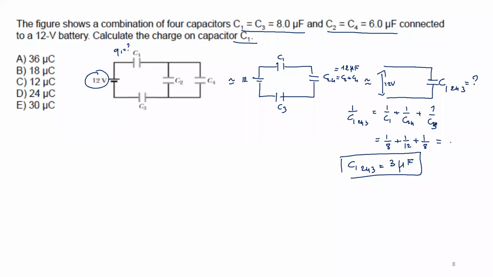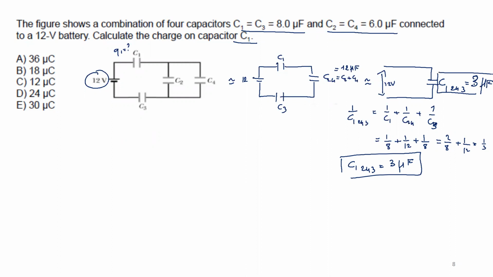So this gives you 2 times 1 over 8 plus 1 times 1 over 12. And this gives you 1 over 3. And I take the inverse. If you take the inverse, it will give you 3 microfarad. So C1243 is 3 microfarad.